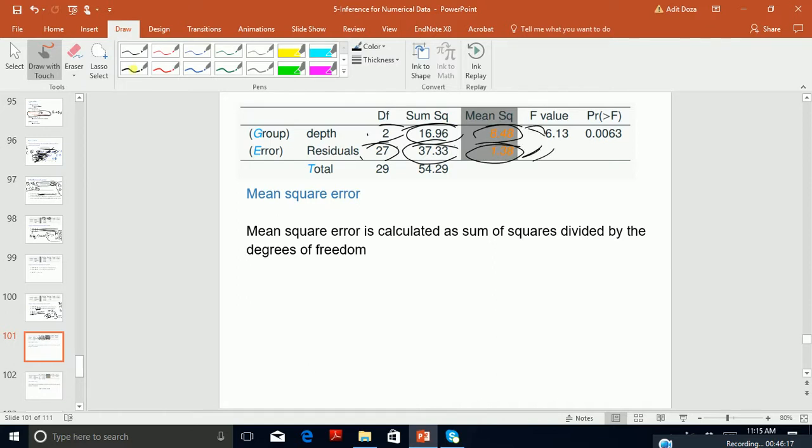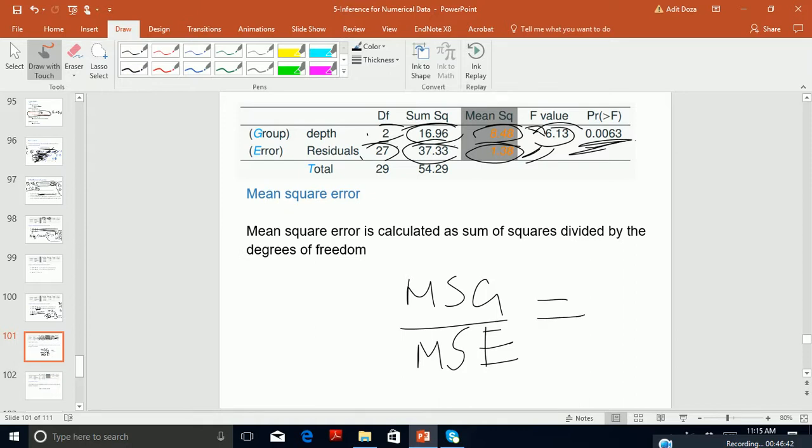And the ratio of these mean squares would give you the f value. And we would get the p value. Okay. There is a distribution table for f value as well. So first thing, we need to find the mean square of the group. We need to find the mean square of the error, which is the residuals, and the ratio of these two would give us the f value.